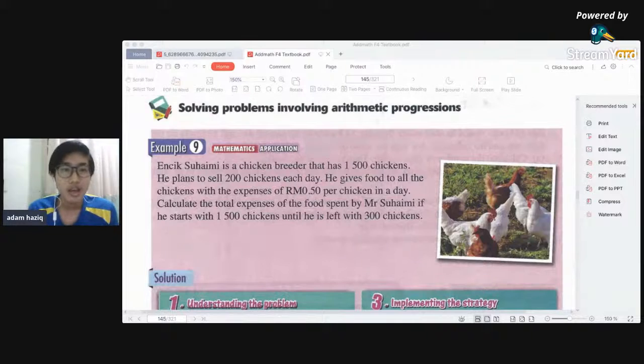Firstly, the statement states that Encik Sohaimi has 1,500 chickens. He plans to sell 200 chickens each day. He gives food to all chickens with the expenses of 50 cents per chicken in a day. So there are three pieces of information given from the text. So, madam, can you please scroll down to look at the solution?